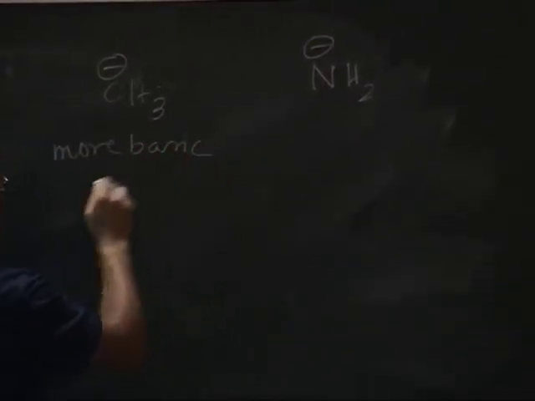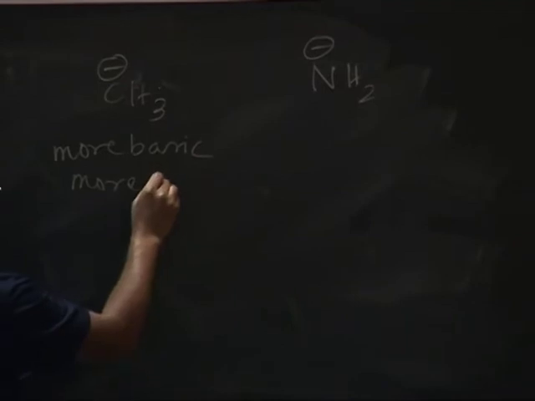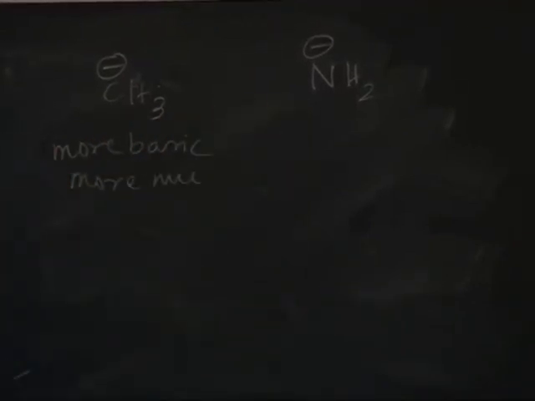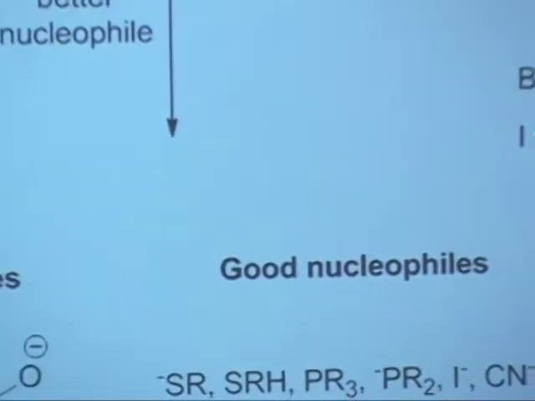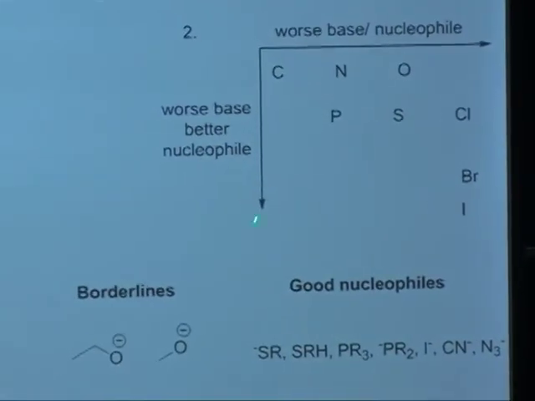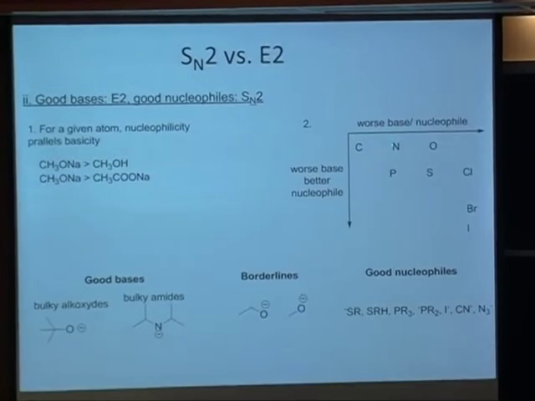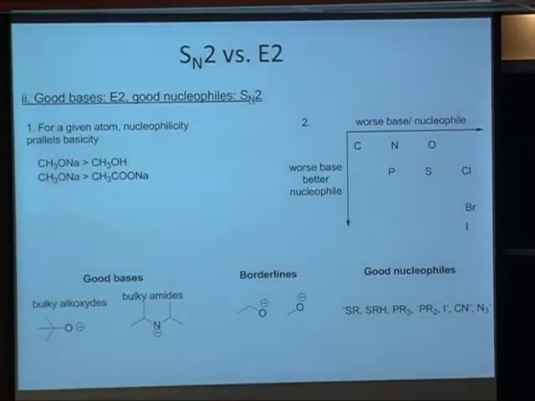And therefore, more nucleophilic. Now, how are carbon and nitrogen related on the periodic table? They go from left to right. All right? So if I had oxygen, the trend. Now, as you go from top to bottom, that's when the game gets much easier. As you go down, your bases get worse and worse, but the nucleophiles get better and better.